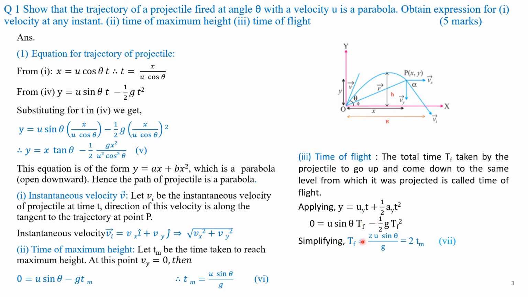Simplifying, one Tf gets cancelled. Retaining Tf, we get Tf is equal to 2u sin theta by g. That is equal to twice of Tm. This is the time of flight.